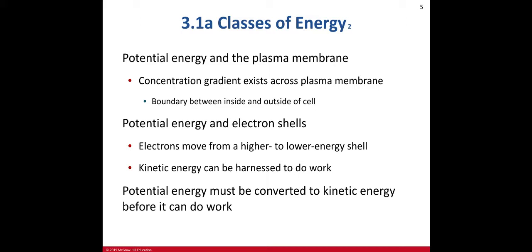And then, of course, we want to then change this to kinetic energy, and that kinetic energy can do work. So, again, it's very important to know that we have to change that potential energy that is stored in those concentration gradients or stored in those chemical bonds, and we need to change it into that energy of motion, kinetic energy, so that it can do work in our cells.